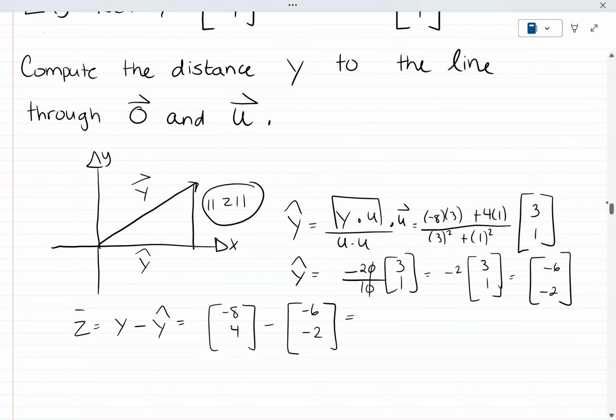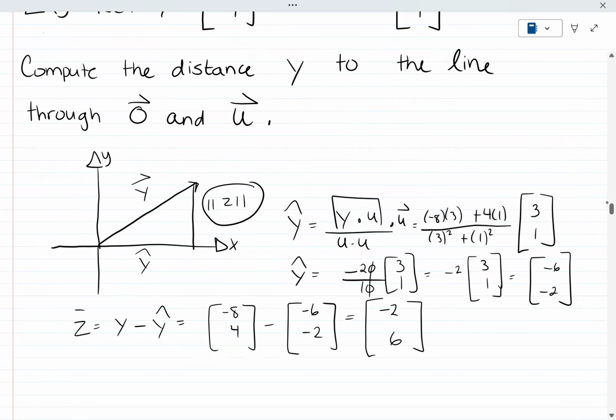When you do that algebra, -8 minus a -6, two negatives become a positive, -8 plus 6 is -2. And then 4 minus a -2 is +6. Okay, so we found z.